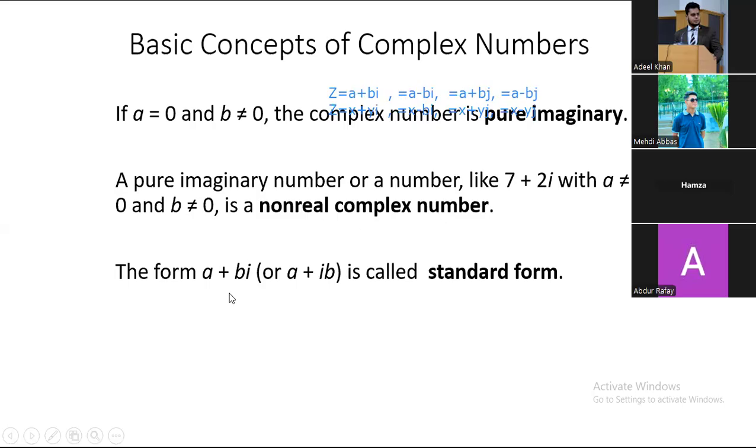The form A plus B iota or A plus iota B is called the standard form of a complex number.